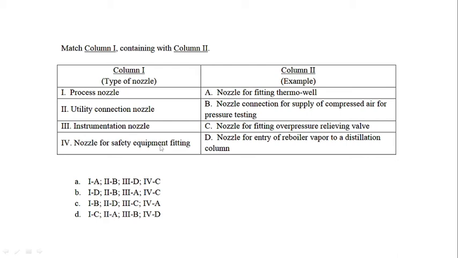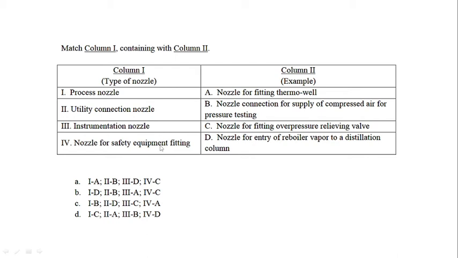One will be ruptured permanently and we need to replace it after that rupture. The second one will just open when the set pressure is reached, and when the system pressure is relieved, it will close. So the correct answer for this one is option B.